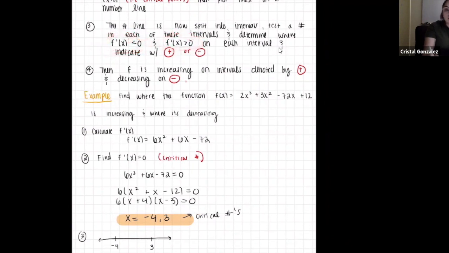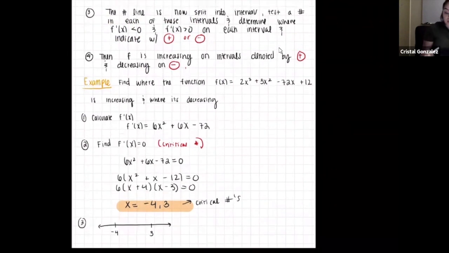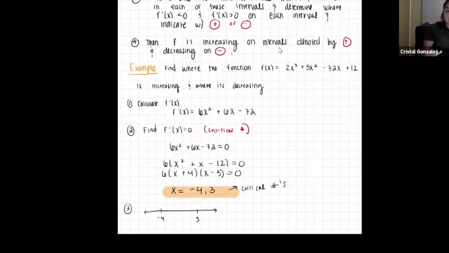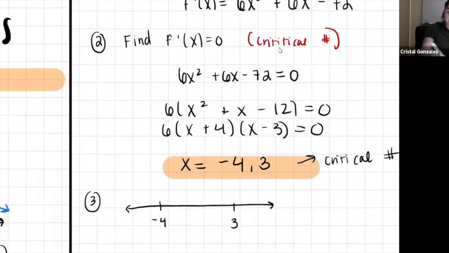So they want to know, when is that derivative greater than 0 and when is it less than 0? And so the best way to do that is we're going to test points in our derivative. So what we're going to do here is find a value, let me do this in red, for f prime on this side.